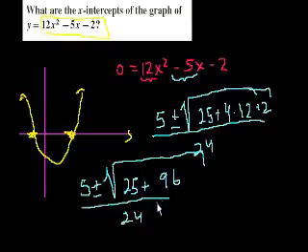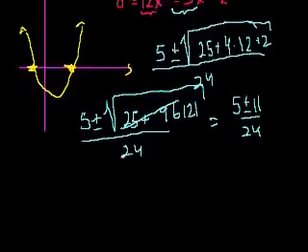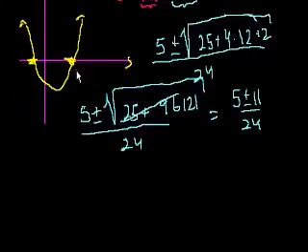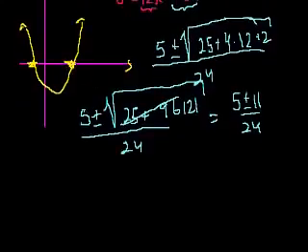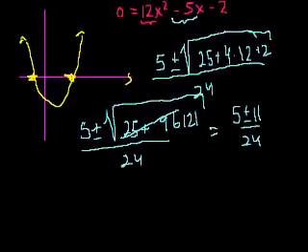What's 25 plus 96? It's 121, right? This is 121, which is 11 squared. So this becomes 5 plus or minus 11 over 24. And remember, these are the x values where that original function will equal 0. It's always important to remember what we're even doing.